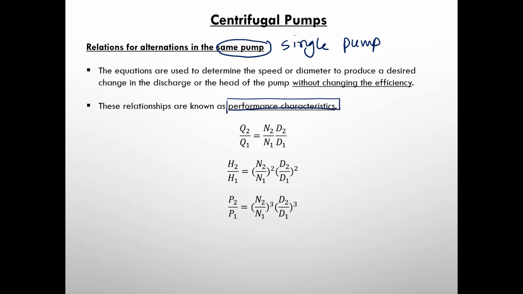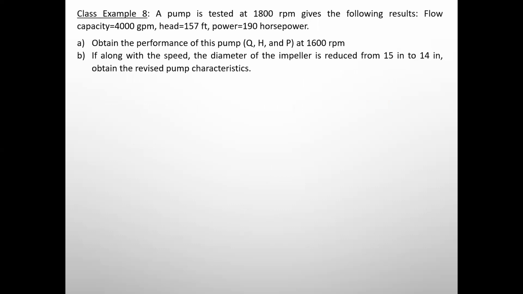Okay, so our class example 8 is all about this one, alterations in the same pump. Now from the questions, how will we know whether it's alterations in the same pump or geometrically similar pumps? For geometrically similar pumps, you will always deal with more than one pump, and there should be some word like model, prototype, or small pump, big pump, something like that, and something about the replication.